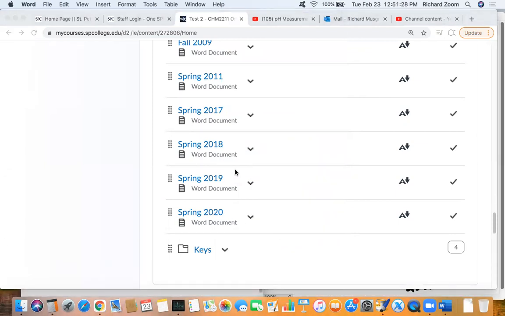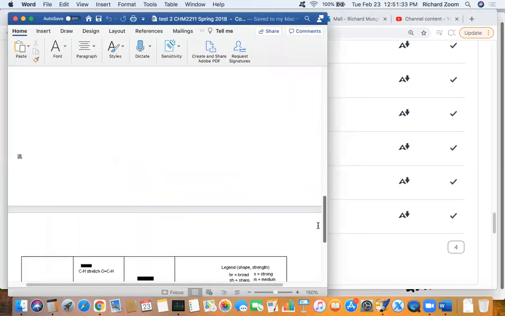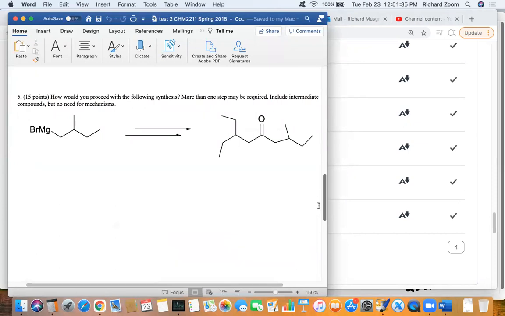Looking for one that doesn't start with an alcohol. There we go. This one starts with a Grignard reagent. It's probably a good one to do.